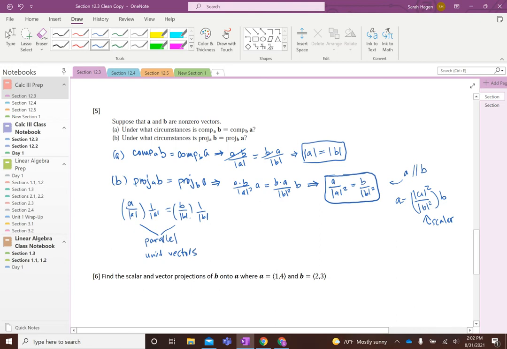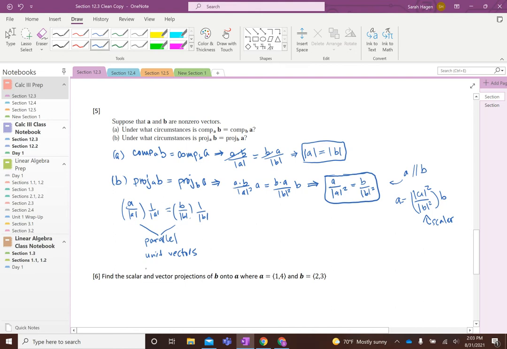And so the idea was, okay, they're parallel unit vectors. If they point in opposite directions, so if A is minus B, then we'd have one side being the negative of the other. And that doesn't work.